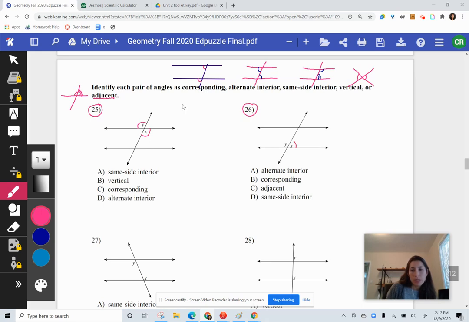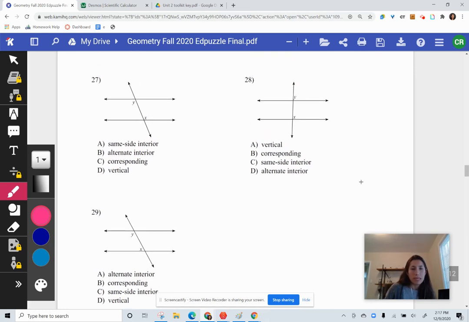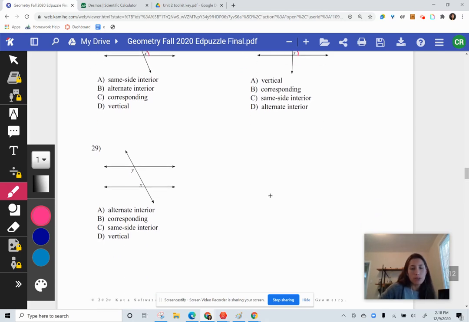The relationship between X and Y. Okay, you're going to answer question 27. Now you're going to answer question 28. And last angle relationship question, 29.